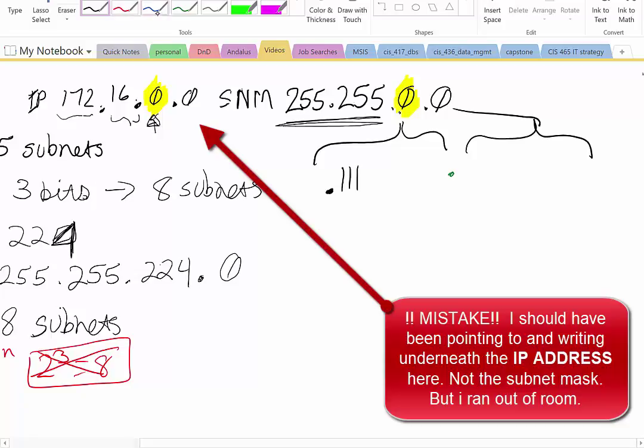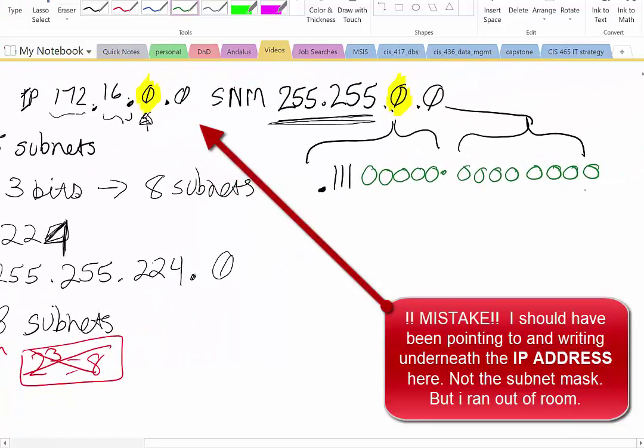So 3 bits have been used up in the third octet for the network. So that's 1, 2, 3, 4, 5, 6, 7, 8. And then in the fourth octet, all of it is empty for us to use. 1, 2, 3, 4, 5, 6, 7, 8.